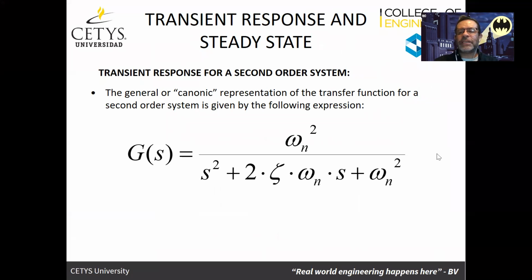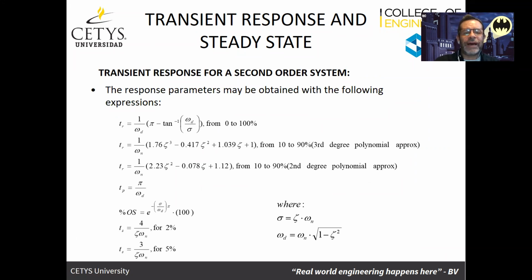Remember that we have a general representation of a second order system that's got these parameters, Wn and theta. We have these mathematical expressions that come out of solving the differential equation for a particular second order system. When you see in Matlab the damping ratio, the Wn, et cetera, it's basically applying these formulas.